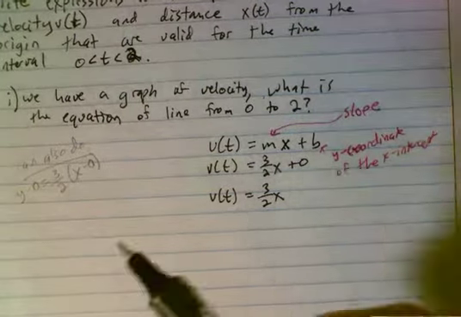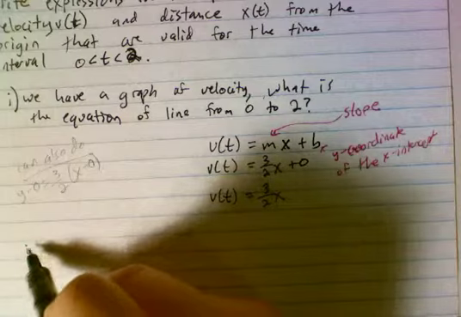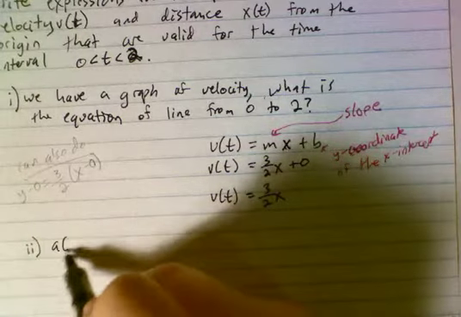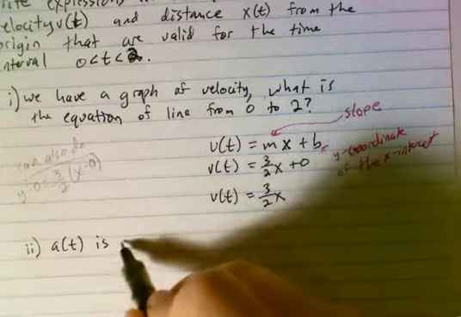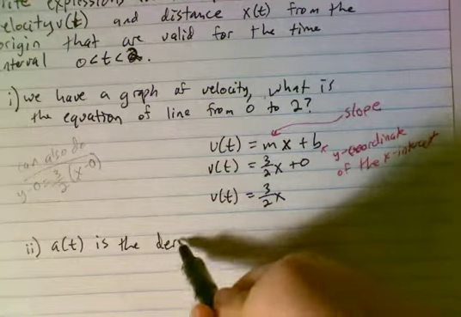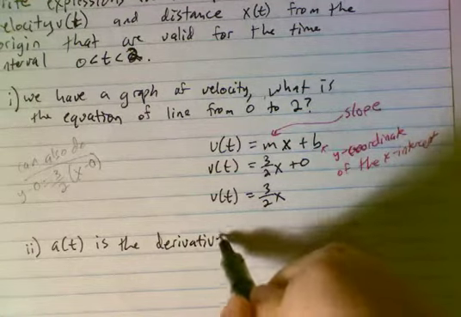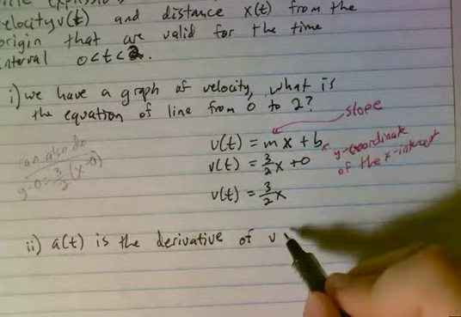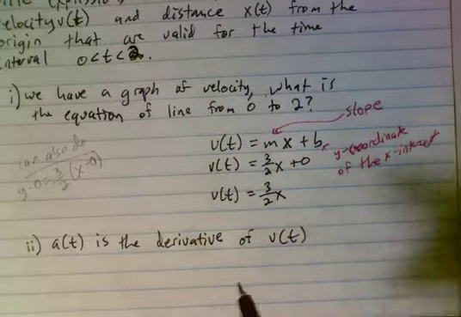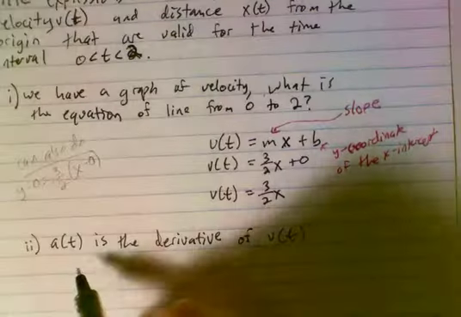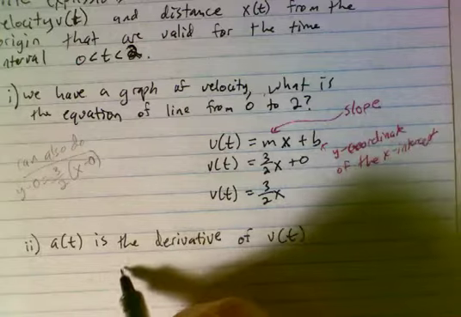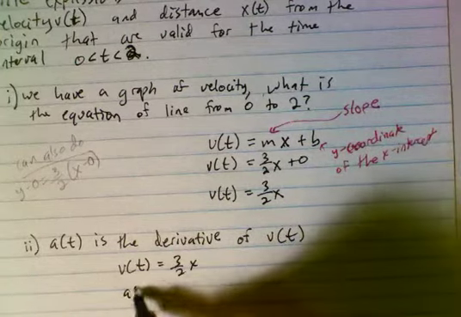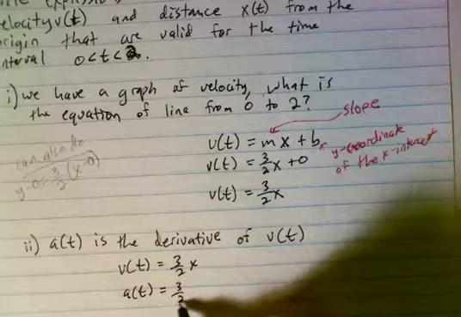So once we have an expression for velocity, then we know that the acceleration is the derivative of v of t. So we can just do that derivative. If v of t equals 3 halves t, then a of t is just 3 halves.